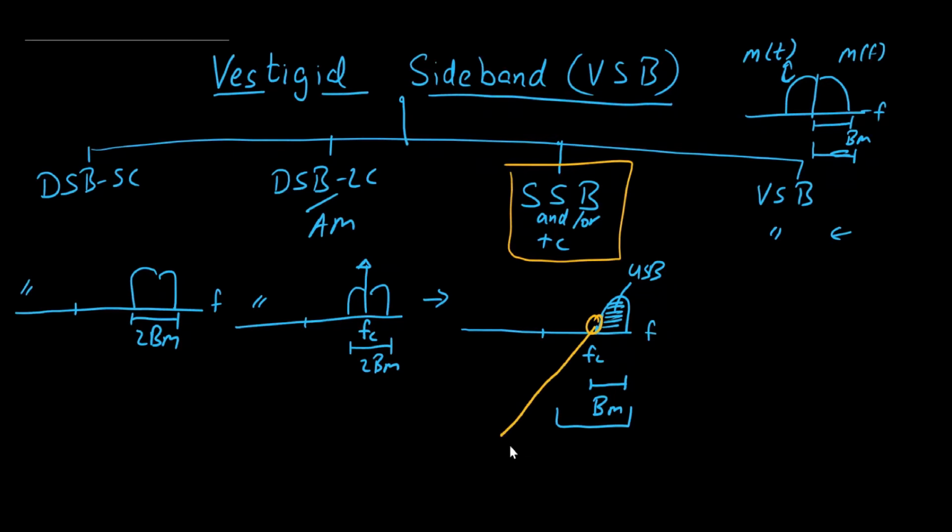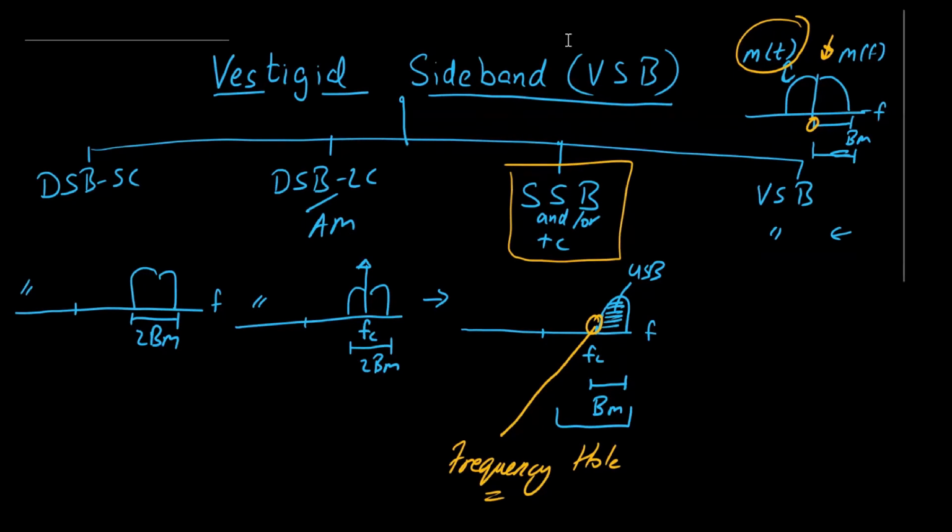We need something which we call a frequency hole, and in terms of the message signal itself, SSB is only applicable when at DC, that is at zero frequency, the power in the signal is very small, negligible. If that is the case, then SSB is useful. But if you have significant content at DC, then SSB is not usable.